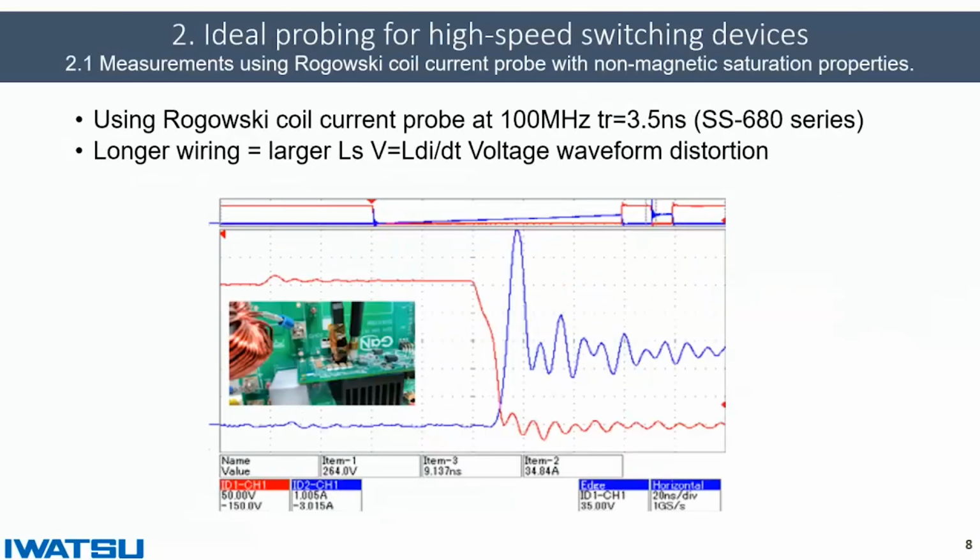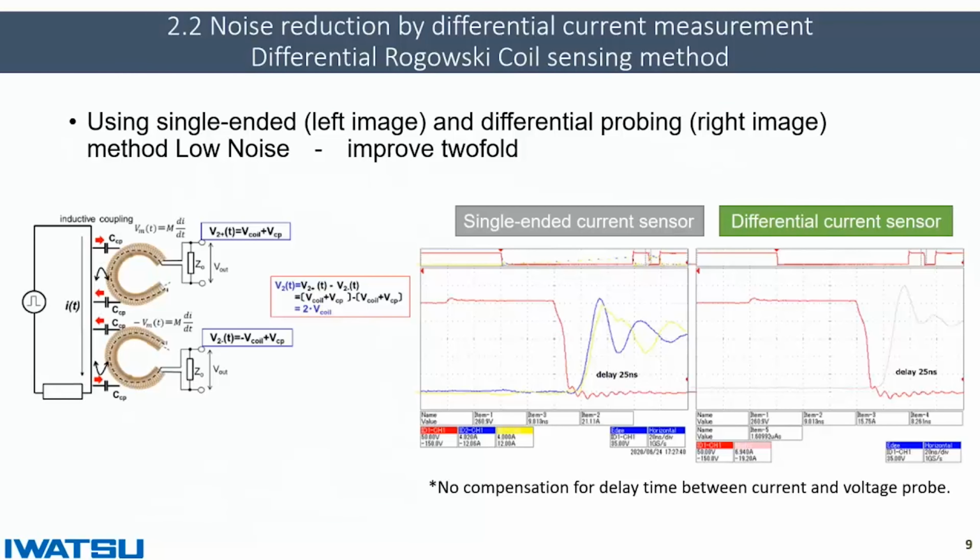The 100 MHz Rogowski coil improves waveform distortion because the wire of its current bridge is short. Waveform distortion can also be improved with the differential Rogowski coil current probe method. The differential equivalent circuit is shown on the left.